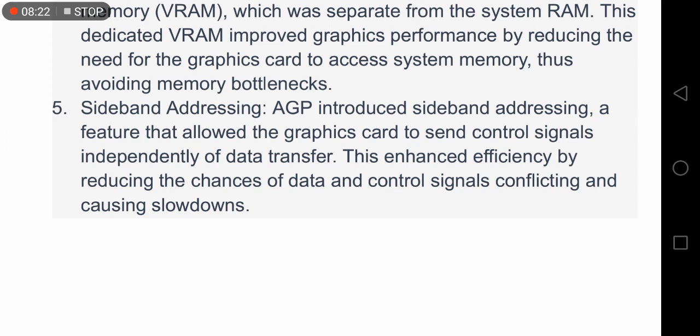AGP introduced sideband addressing, a feature that allowed the graphics card to send control signals independently of data transfer. This enhanced efficiency by reducing the chances of data and control signals conflicting and causing slowdowns.